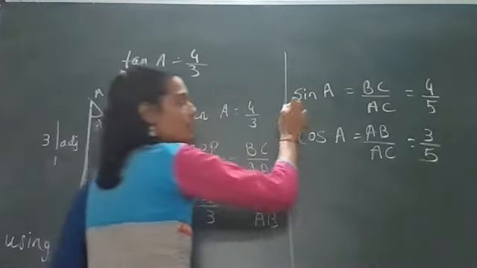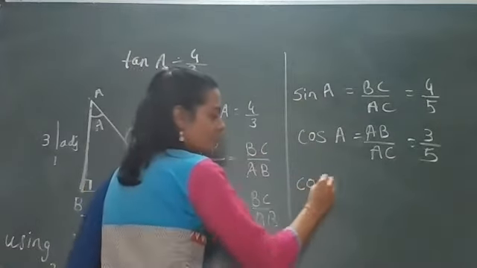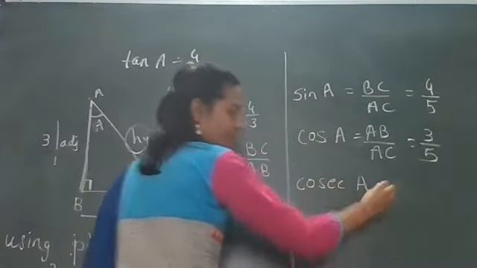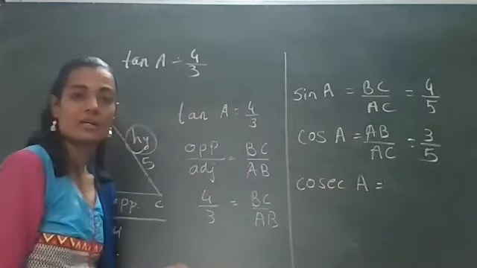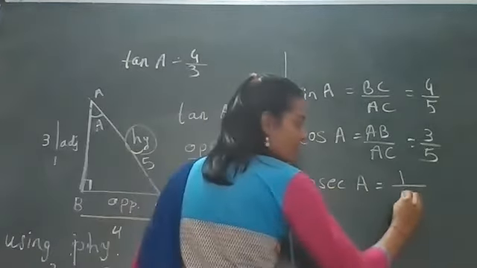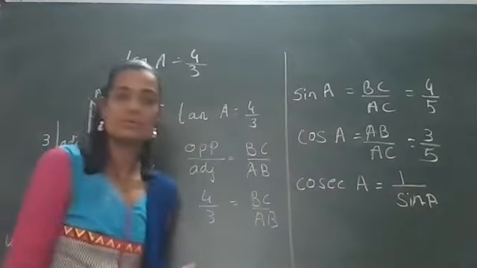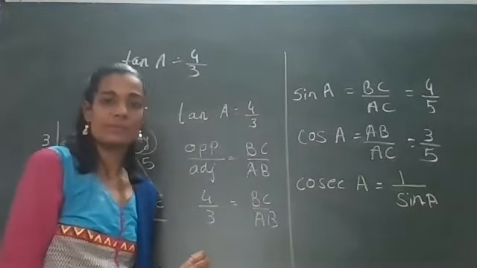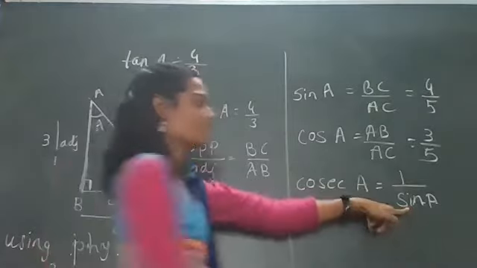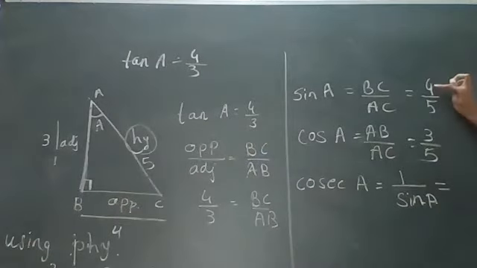Now we have to go for the reciprocal of sin A, that is cosec A. Cosec A is equal to what? We can write 1 upon sin A. Yes or no? Yes, ma'am. So 1 upon sin A. What is the value of sin A? That is 4 upon 5.